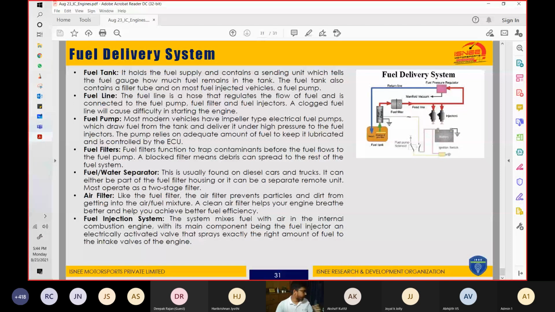So now at this point of time, we know a lot of things about internal combustion engines.